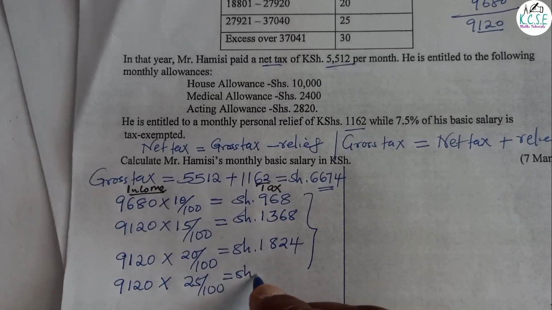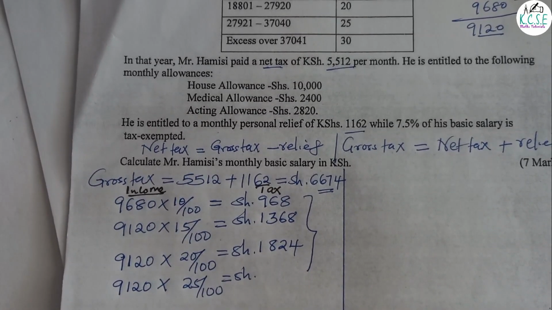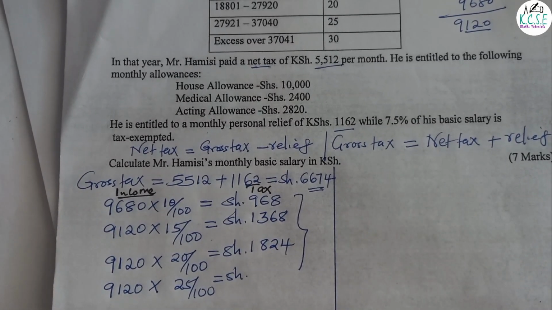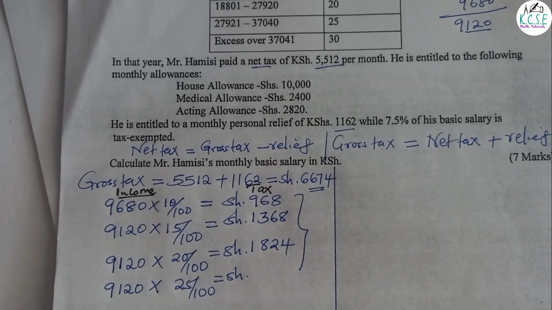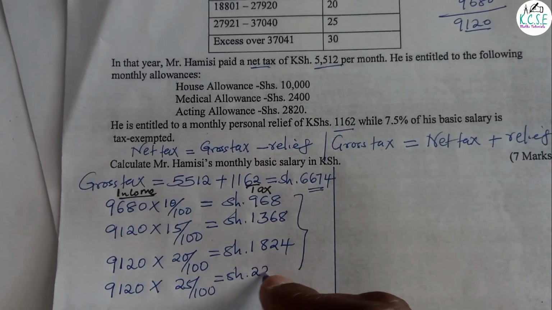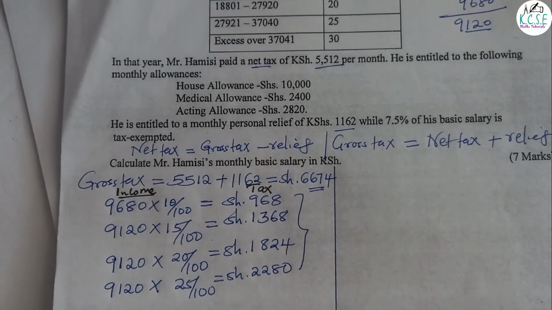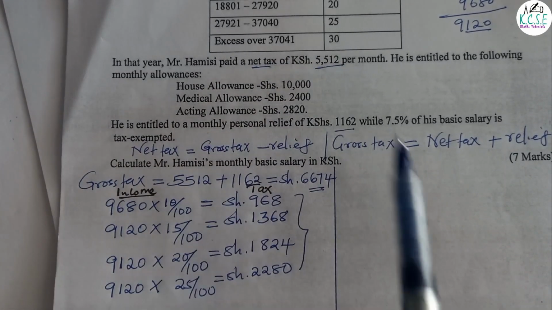This will give a tax of 9120 times 25%, which gives 2280.